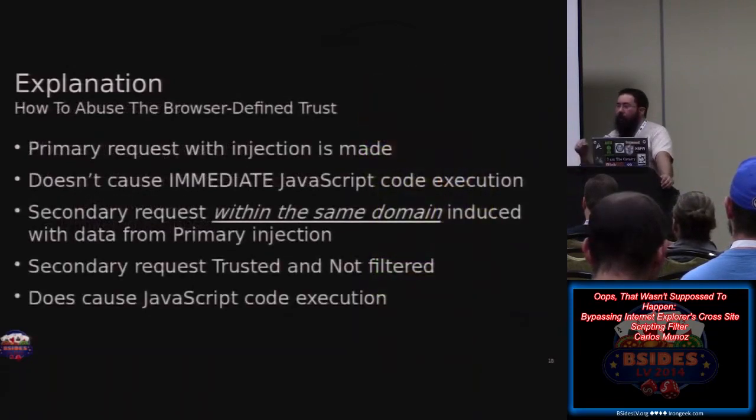A primary request is made to the page such that it does not cause an immediate JavaScript code execution. With that injected data, a secondary request is made to some page on the same domain that does cause a JavaScript code execution. That first request is subject to the filter. The secondary request passes through without being filtered at all.